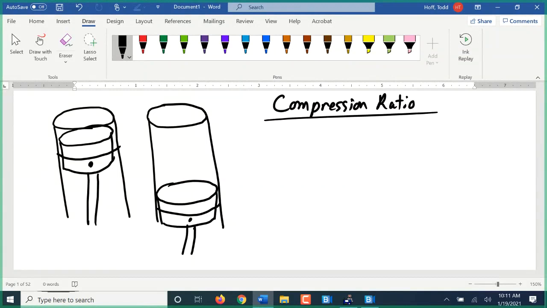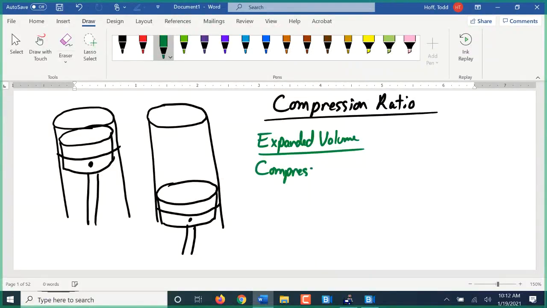A compression ratio compares the expanded volume, this is the volume of air above the head of the piston, above in the top of the cylinder, to the compressed volume. So the compressed volume is top dead center.